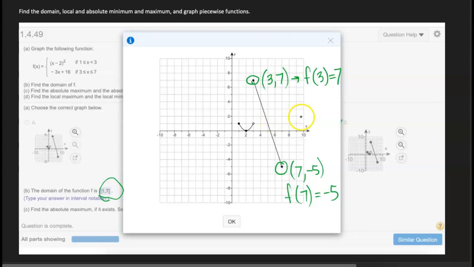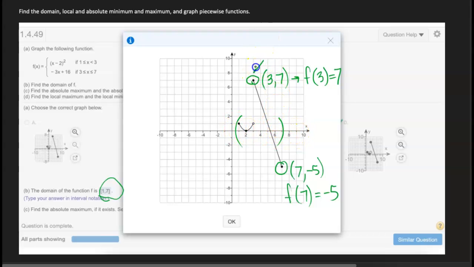And then the next couple of questions ask about local max and min. So there's this small condition with local max and min that you would not want to consider endpoints for local max and local min. What I mean by endpoints is endpoints of the entire domain. So I would not want to consider 1 and 7, but anything in between that is a maximum.